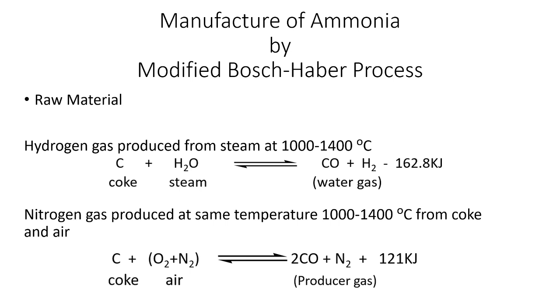Now, because here one reaction is exothermic, one endothermic, as far as energy audit is concerned, it is matched. And we are going to discuss actually how ammonia is produced by modified Bosch Haber process.